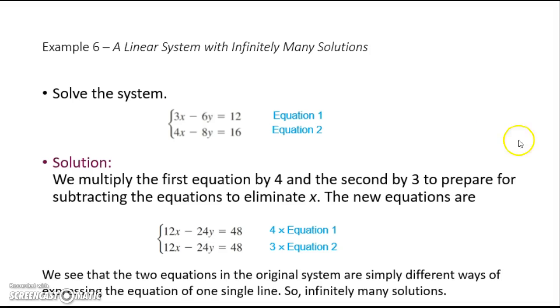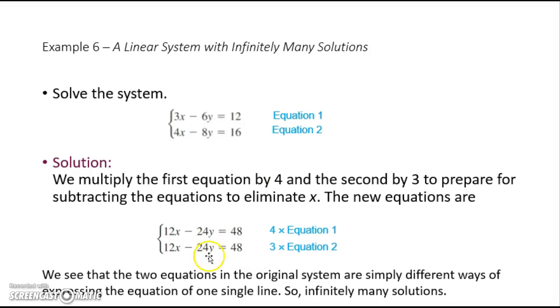All right, let's work one more example. Here we have 3x minus 6y equals 12 and 4x minus 8y equals 16. We want the coefficients to be the same, so let's multiply the top equation by 4 and the bottom equation by 3. So we get 12x minus 24y equals 48, and then we get 12x minus 24y equals 48.